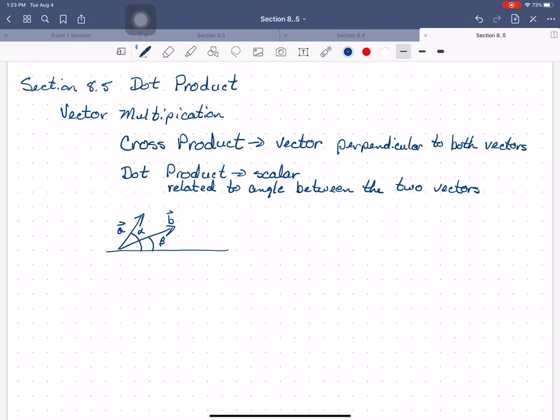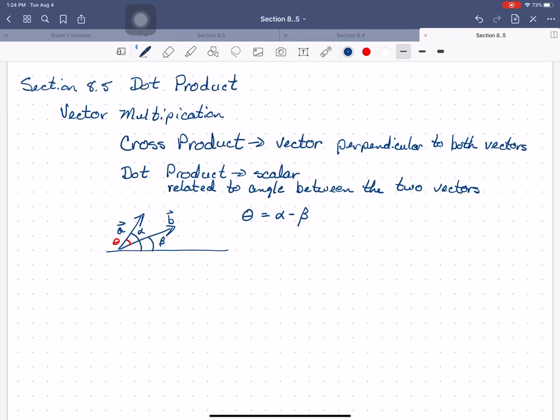Okay? So I'm going to define the angle between them as theta. And theta is just the angle between the two vectors. So this red one in here is theta.